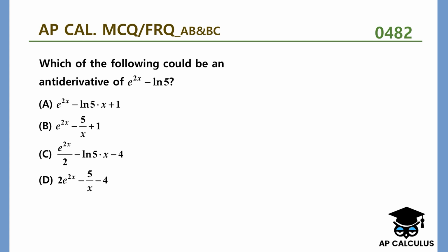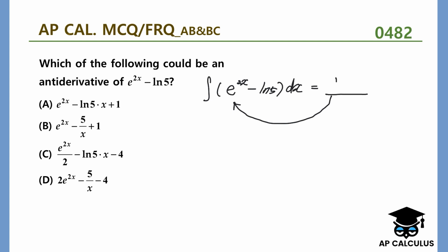So here, indefinite integral of e to the 2x minus natural log 5 dx. That's what we're looking for, right? What function do we have to have here so that its derivative is equal to e to the 2x? That's 1/2 times e to the 2x, right?